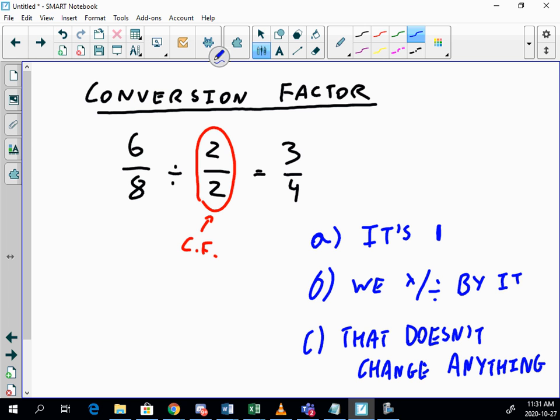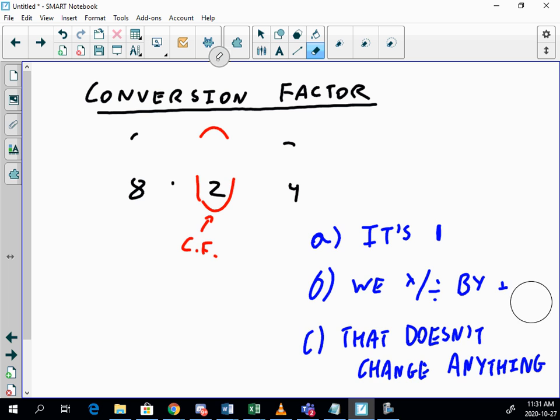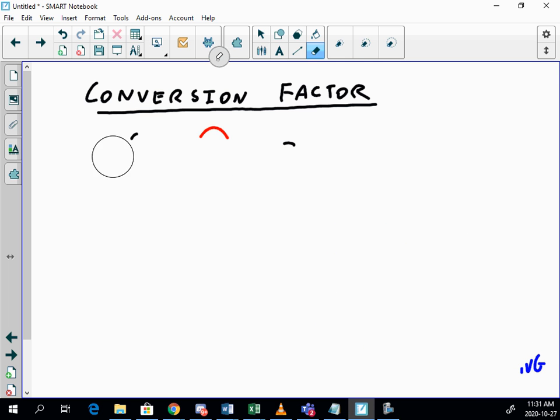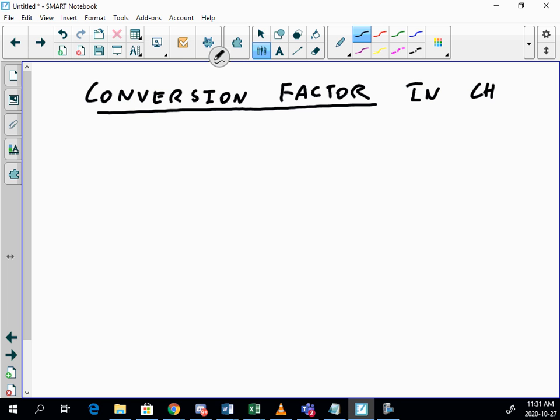Now, the ones that we use in chemistry are going to be slightly more common. So conversion factors in chem. Let's go back to an equality that we established on the first day of the year.